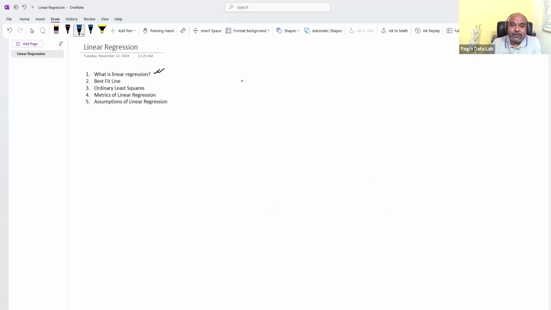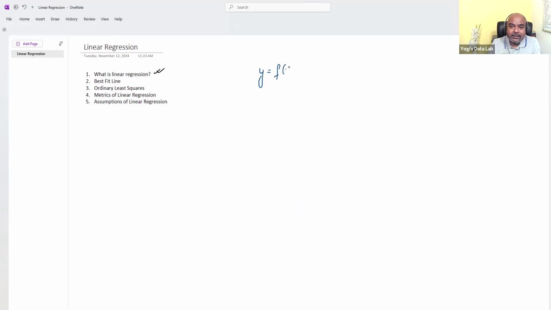Now, what we saw is we said that y is a function of x, and we said that y is equal to 2x plus 1. When I talk about y being only dependent on x, x is known as the independent variable, and y is known as the dependent variable.